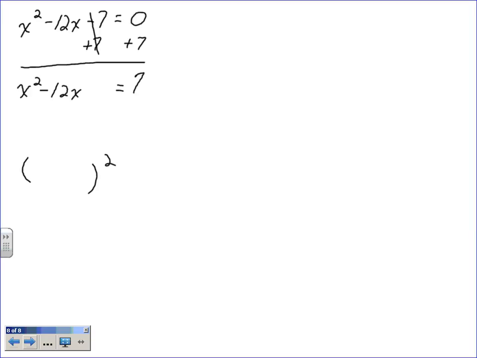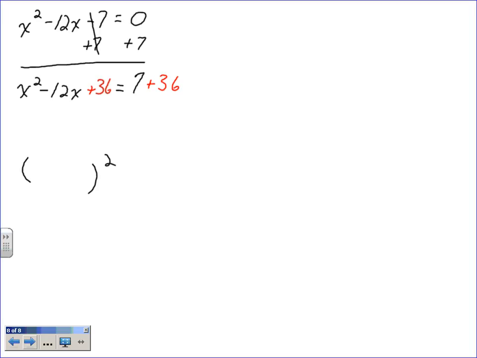Square it, 36. That's the number that I'm going to add to complete the square. This number is always positive, by the way. If I add 36 here, I have to add 36 here. Whatever you do to one side of the equal sign, you have to do the other.